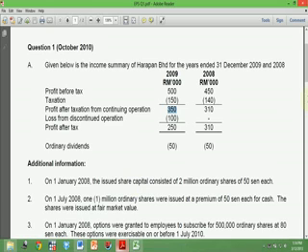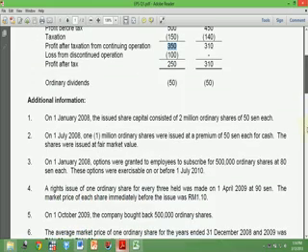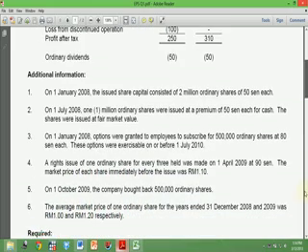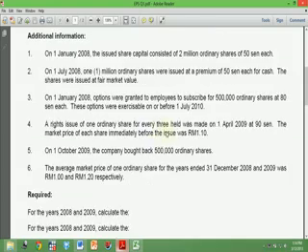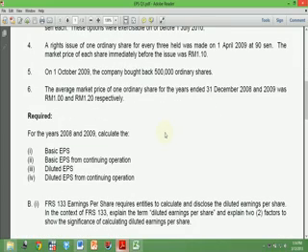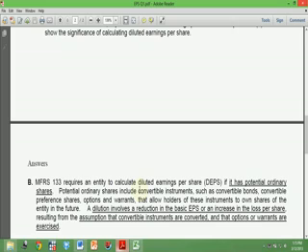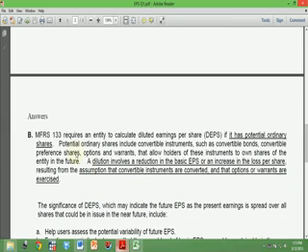Okay, for the second question, the theory question: explain the term diluted EPS and explain two reasons to calculate this diluted EPS. The answer is the MFRS requires an entity to calculate diluted EPS if it has potential ordinary shares.